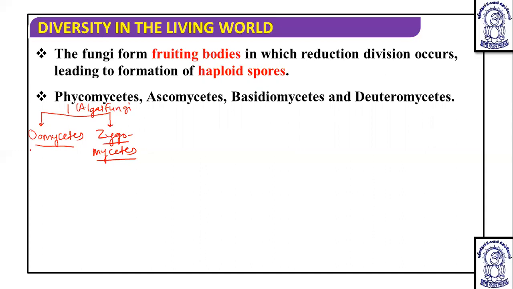and the Oomycetes are also known as algal fungi. The Zygomycetes are also known as conjugation fungi. Okay, so these are the different common names of these particular groups. Ascomycetes is also known as sac fungi. This is a common name. For Basidiomycetes, the common name is club fungi.